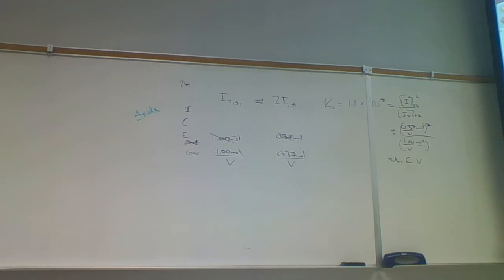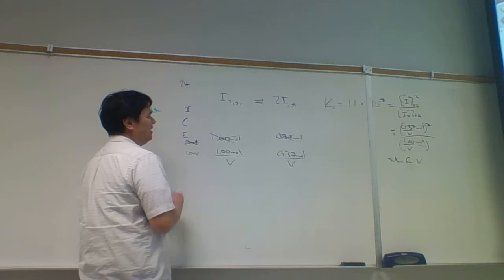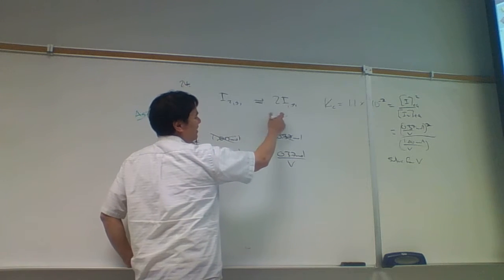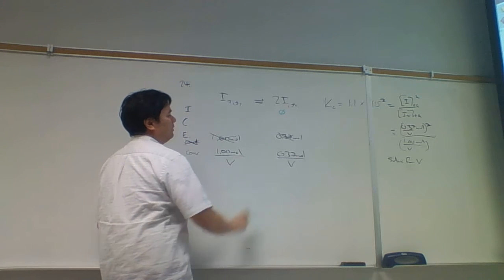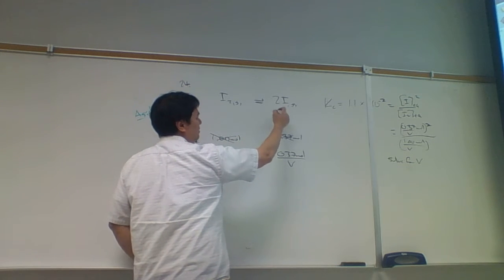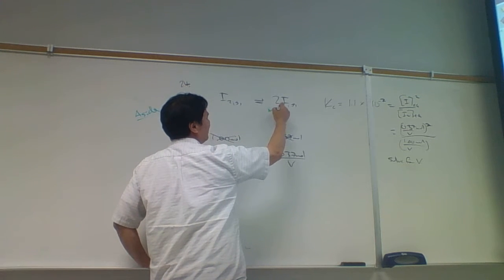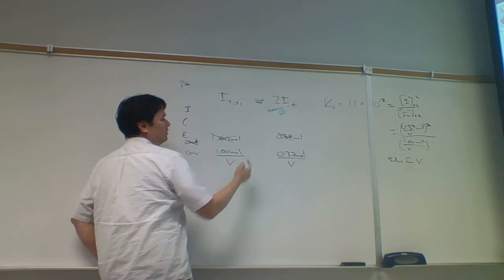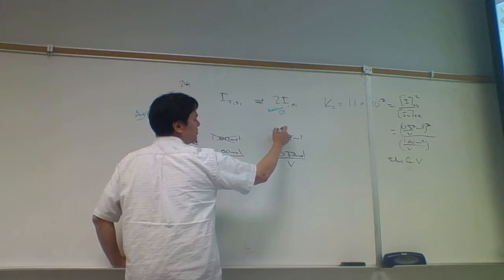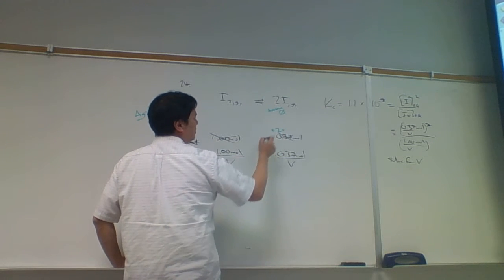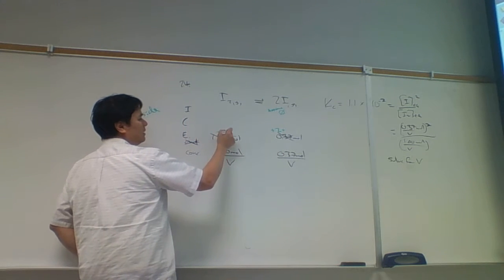We can do an aside again, because when we analyze these ICE tables, normally at a lower temperature there would be 0. If this were 0, let's just assume initially we had none, then what is my x value? This would be plus 2x here. This would be minus x.